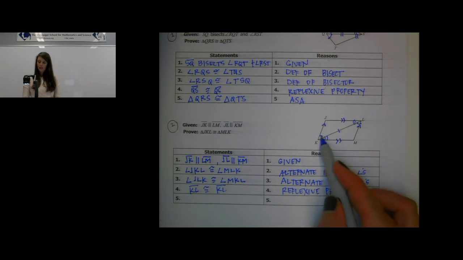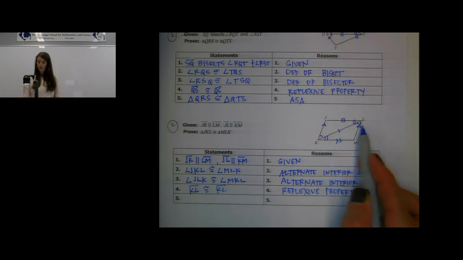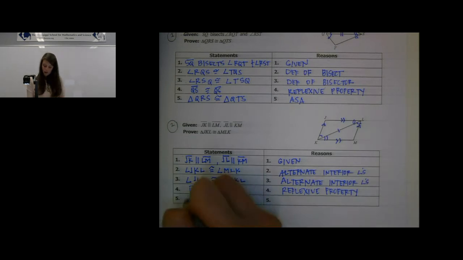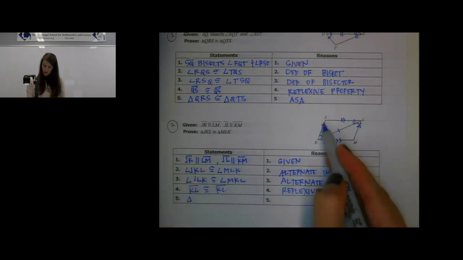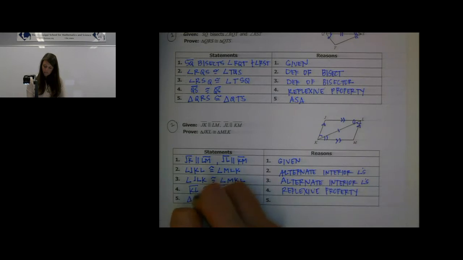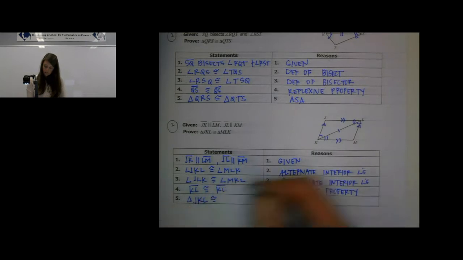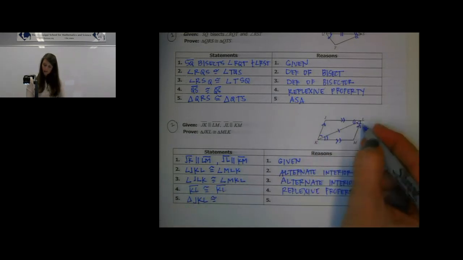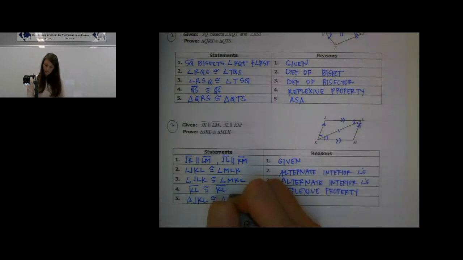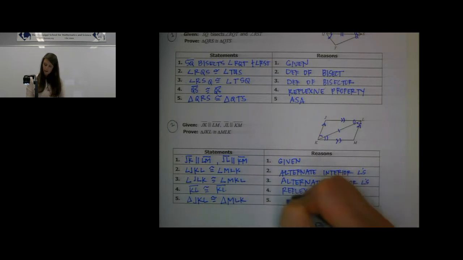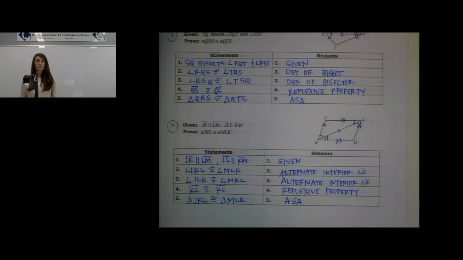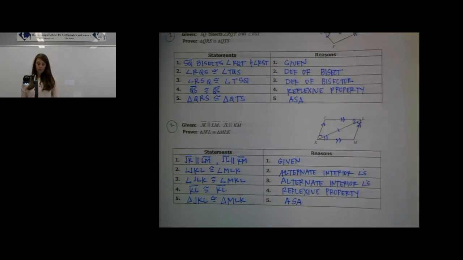That means I have an angle, side, angle, and the corresponding angle, side, angle are going to be congruent. So that now means that triangle JKL is going to be congruent to MLK by angle, side, angle. Okay?